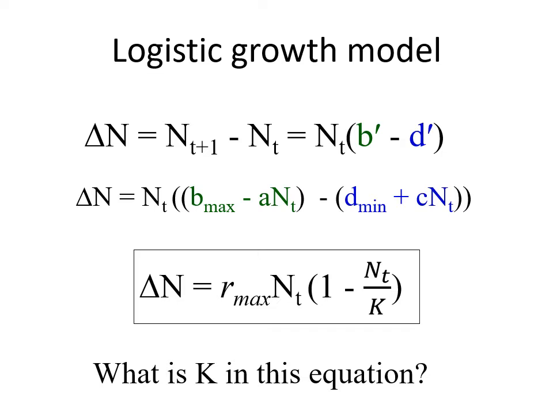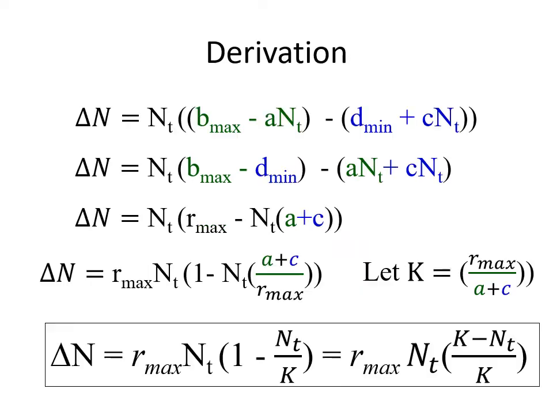And if we go through some algebra and we define a quantity K, as we see in the logistic growth equation, we can jump from here to here fairly simply, and I'll show you that on the next slide.